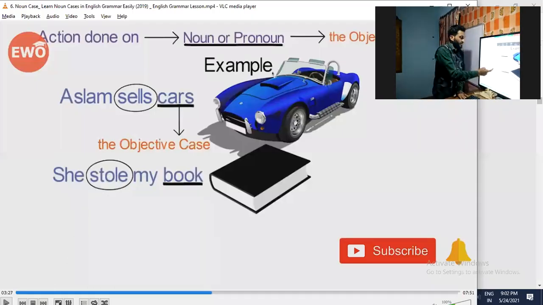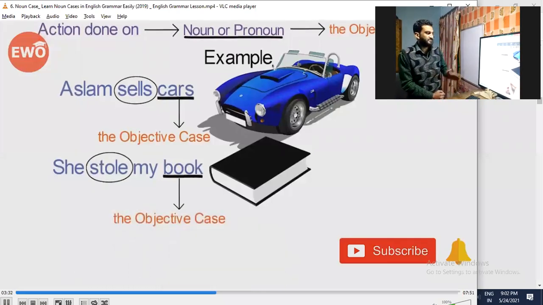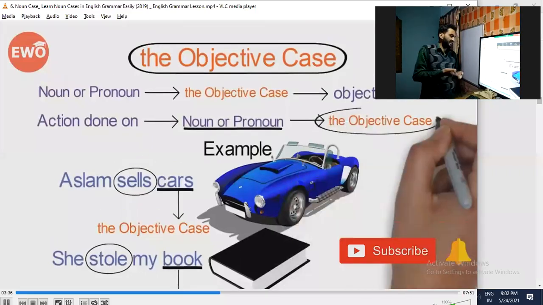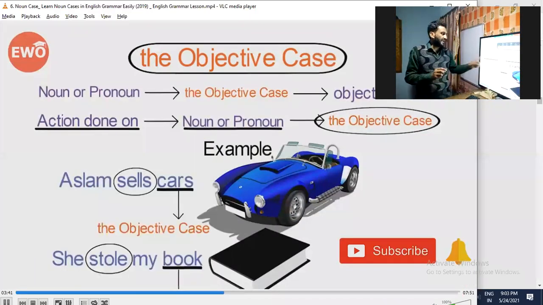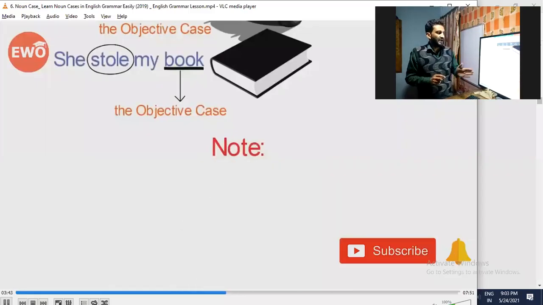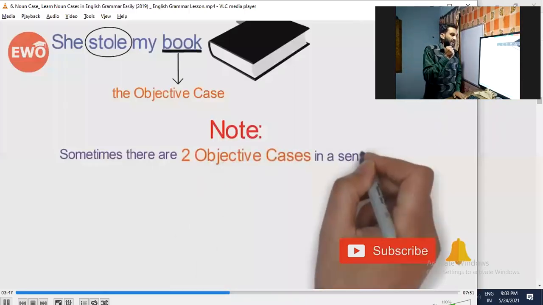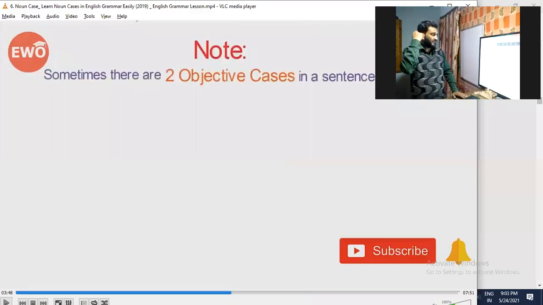Who stole? So जो चुराने का काम है ये किसके हुआ है, my book. So she stole my book means book is here in the objective case because book receives the action, और action क्या है, वो है stealing, यानी वो जो चोरी हुई है वो है, तो objective case उसी को बोलता है when action is done on and this action is received by a noun in the sentence, and that noun is called in objective case.